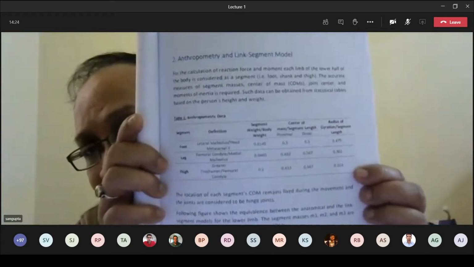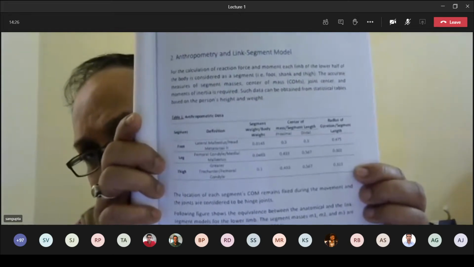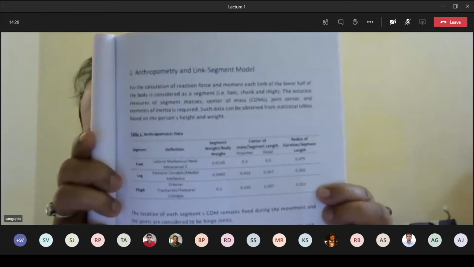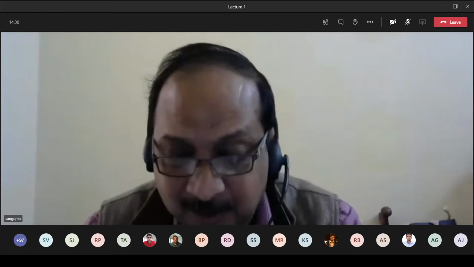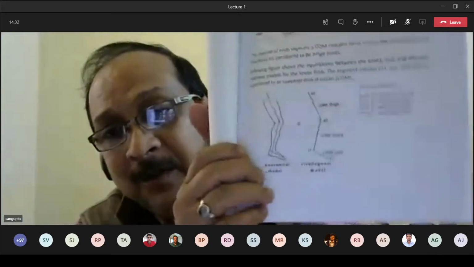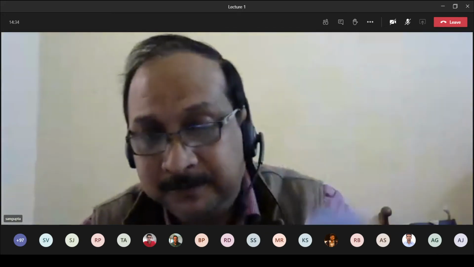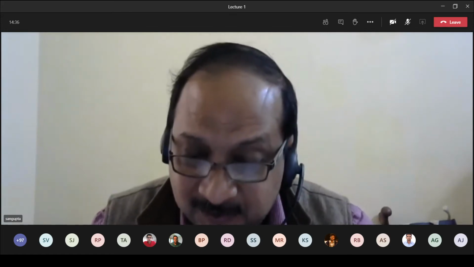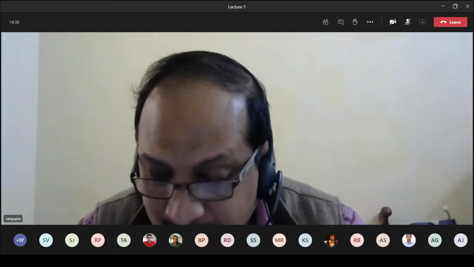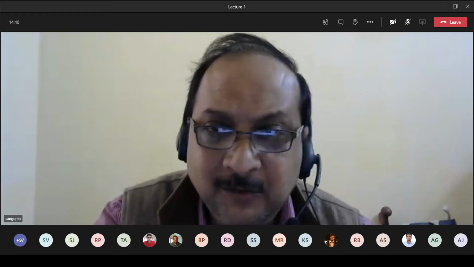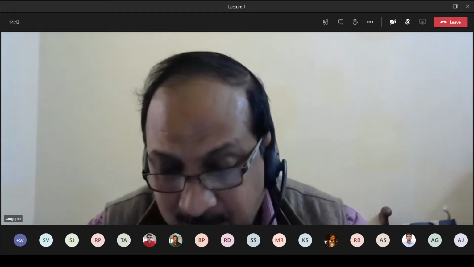Everybody can see that? Yes, sir. That is required in your calculation. They have listed the anthropometric data in a table, the data they will be using for their calculations.